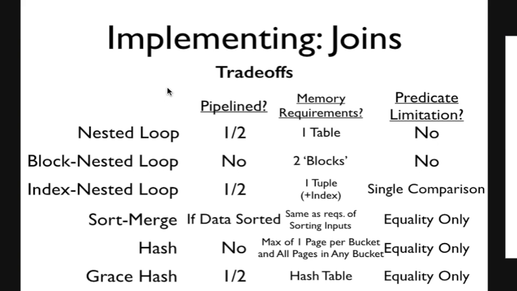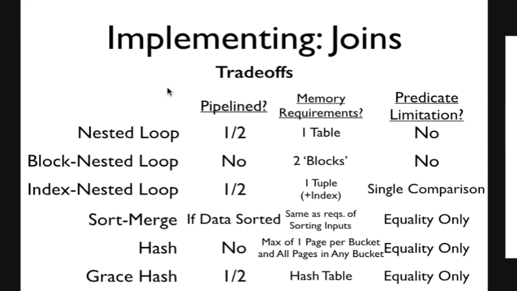And then the last constraint, and this is something we didn't bring up, is what kind of joins can you actually perform? The join is on some sort of predicate. You're asking for some subset of the tuples that appear in the cross product. And each of these joins works for a slightly different type of predicate. For example, nested loop and block nested loop have no limitations whatsoever.